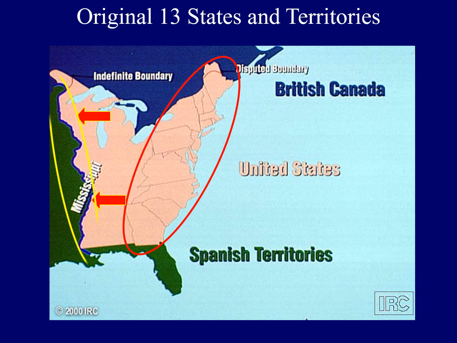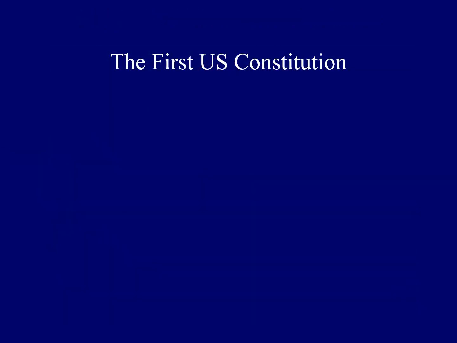U.S. territory actually expanded all the way to the Mississippi River, as you see with the arrows and the second circle. In order to provide enough unity for those 13 colonies that were fighting to become states, they got together and developed the first Constitution of the United States. The name of that Constitution was the Articles of Confederation.